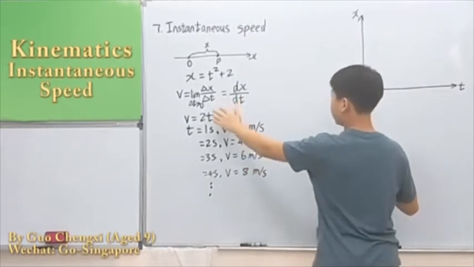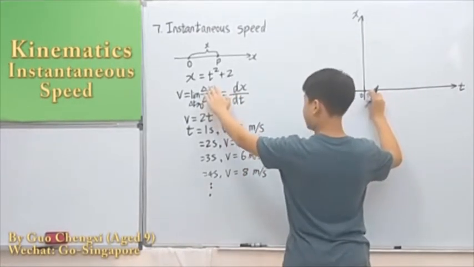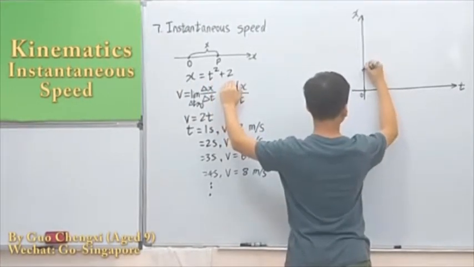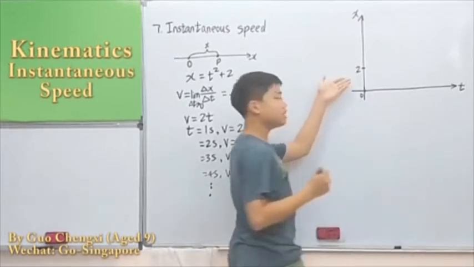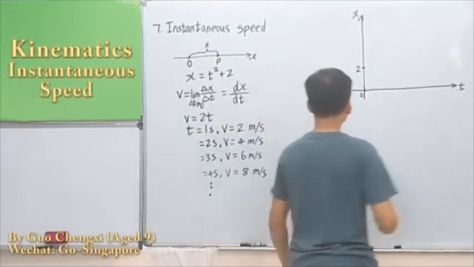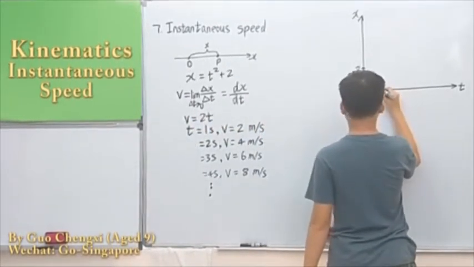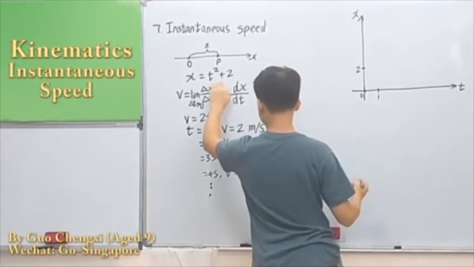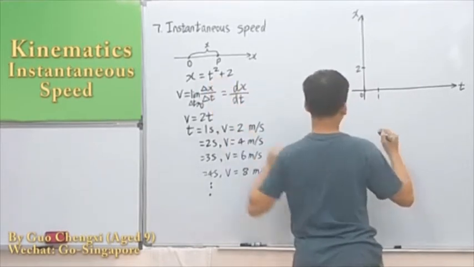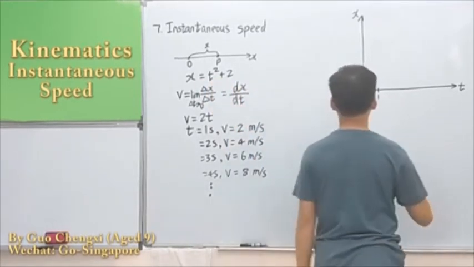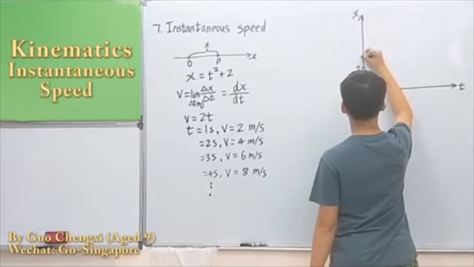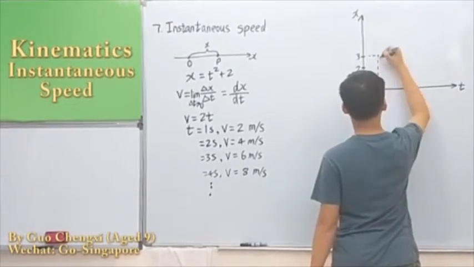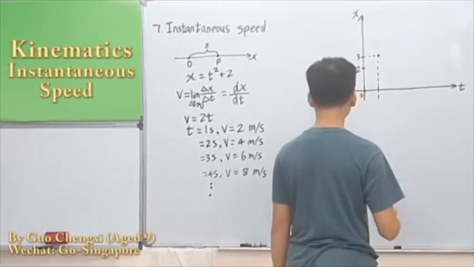So we have to see when the time is 0, where does x start from? According to this, it starts at 2. Let's just say here is a 2. Then if the time is 1 second, the position will be at 3, so it is around this point.